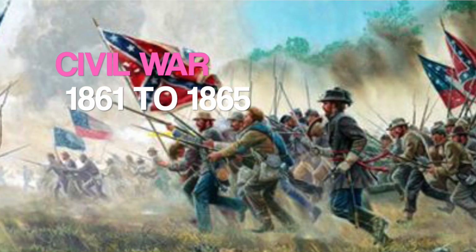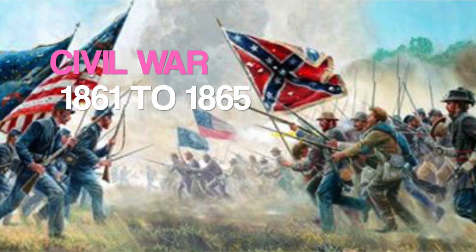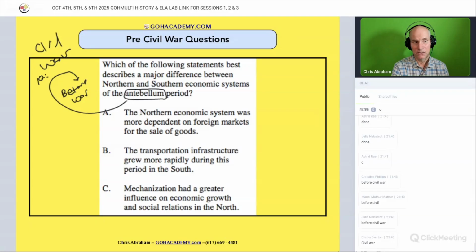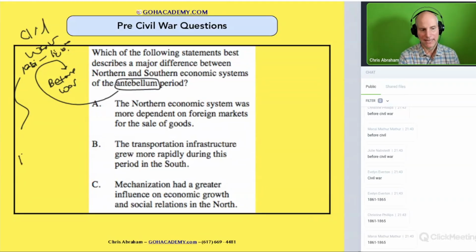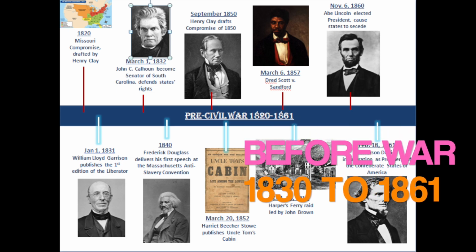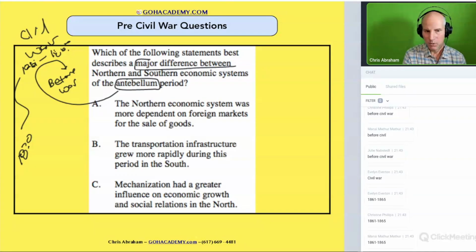What were the years of the Civil War? 1861 to 1865. So we're talking about before the Civil War, the time frame between 1830 and 1861. And it wants us to think about the difference between the North and South economy.